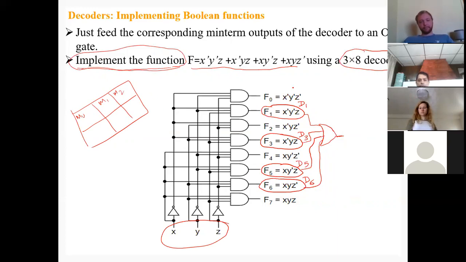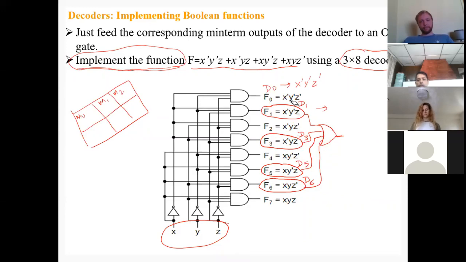So here, this is M0. Sometimes F0, sometimes D0, sometimes M0. It has different names. In this case, we should have said D0. D0 is X prime, Y prime, Z prime. D1 is X prime, Y prime, Z. D2 is X prime, Y, Z prime. Then D3, X prime, Y, Z, and so on and so forth.